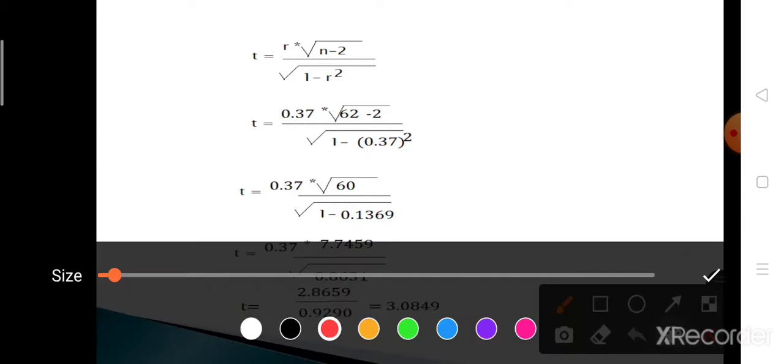See again, here the r value is 0.37 and n is 62. So 0.37 as it is, 62 minus 2 is 60, so square root of 60 divided by square root of 1 minus 0.37 square, which is 0.1369. The square root of 60 is 7.7459. So 0.37 into 7.7459 divided by square root of 1 minus 0.1369, that is 0.8631.